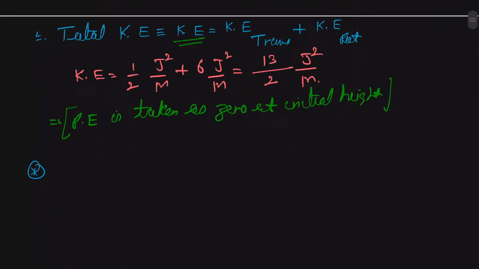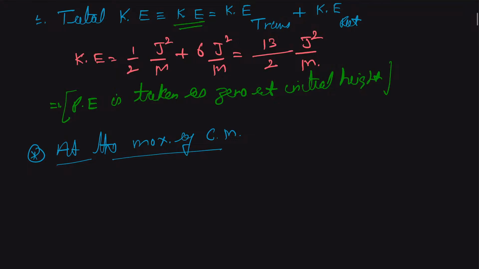So we can say that at the maximum height of the center of mass, its velocity, suppose that is our v, is equal to 0.